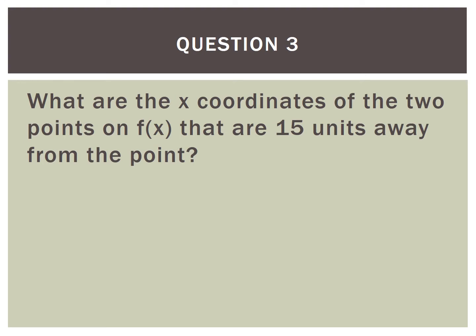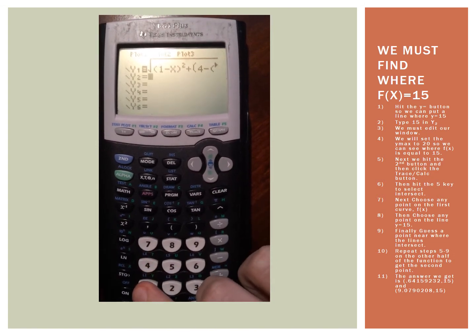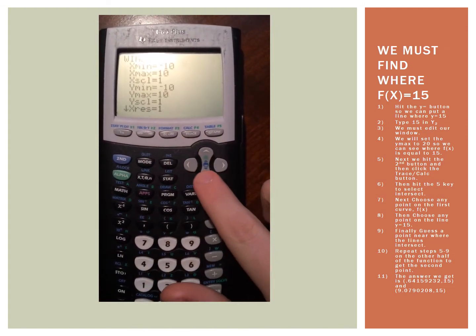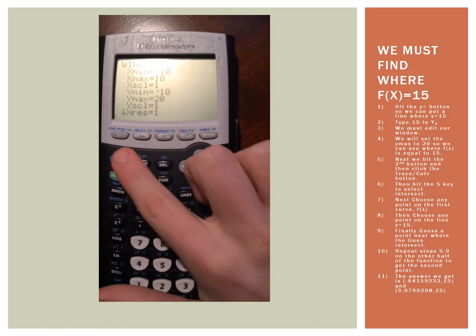Question 3. What are the x coordinates of the 2 points on f of x that are 15 units away from that point? Alright, so we hit the y equals button, and then we put in our line y2 equals 15. Next we adjust our window to 20, so we can see where f of x intersects y equals 15.